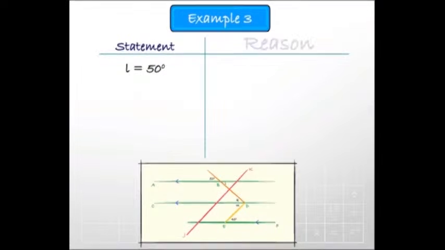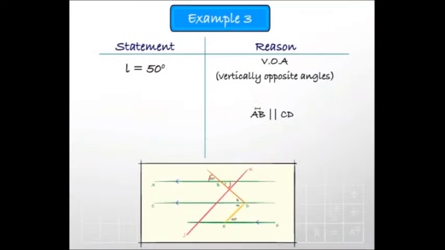The reason it has a magnitude of 50 degrees is because we have vertically opposite angles at the point B. Now, you will also notice that the lines AB and CD are parallel.